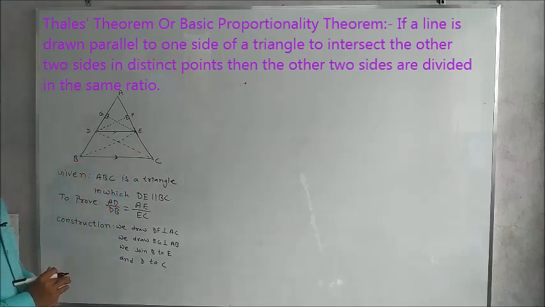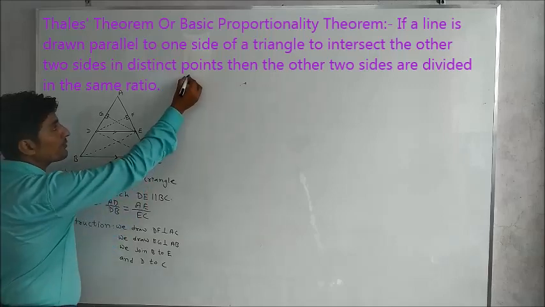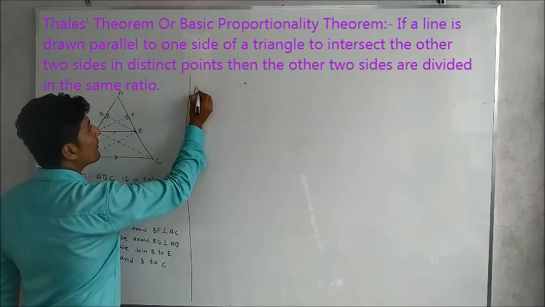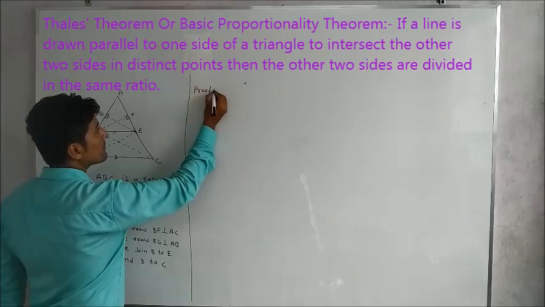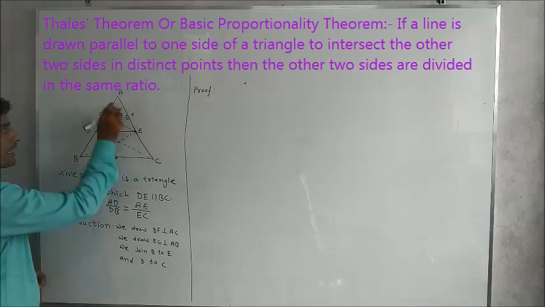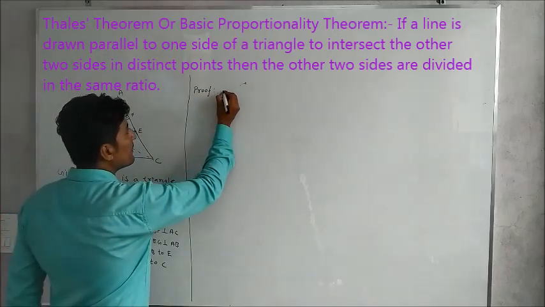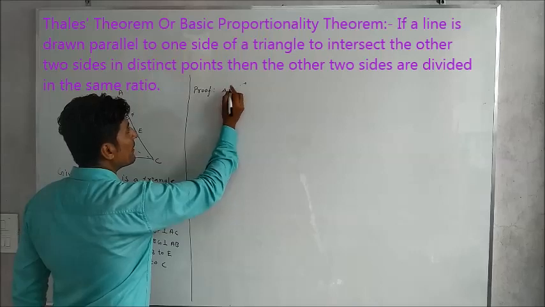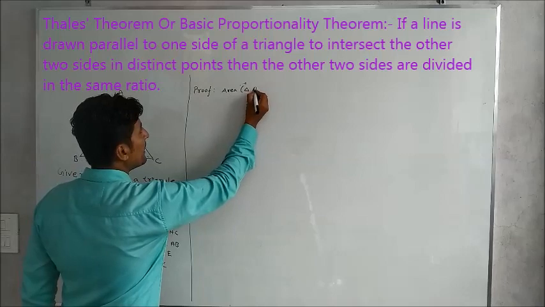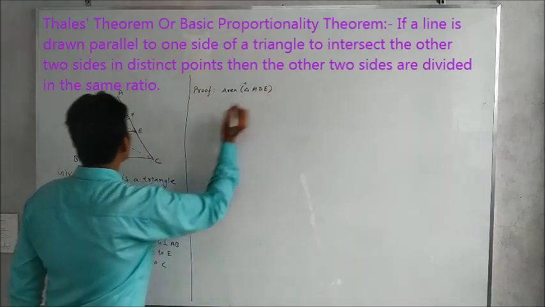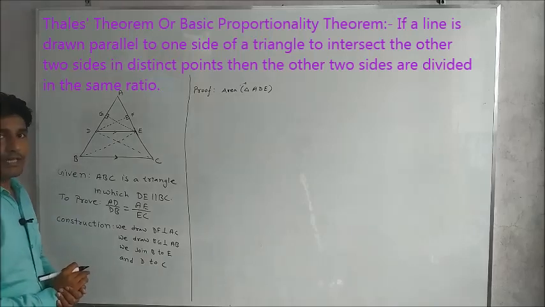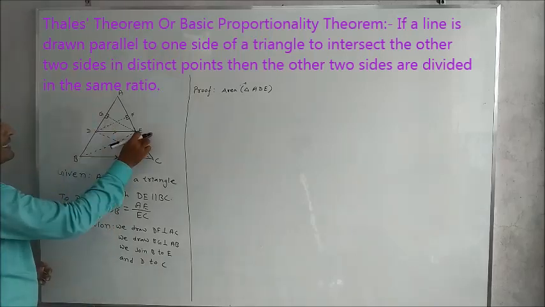After completing the construction, we come to the final step, that is called Proof. In proof, first of all, we consider triangle ADE and find its area.